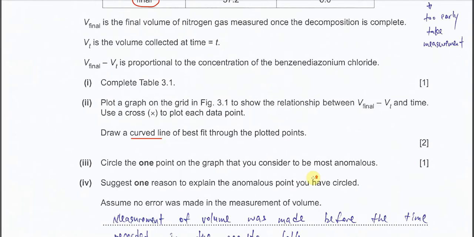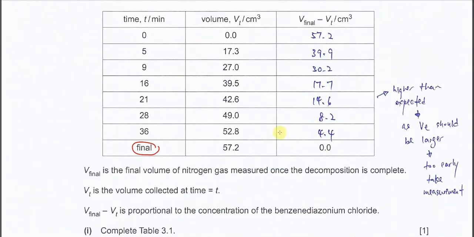Again, if this is the anomalous point, its value is higher than expected from the graph we discussed just now. Why is it higher than expected? Because actually the Vt, this one, should be larger.